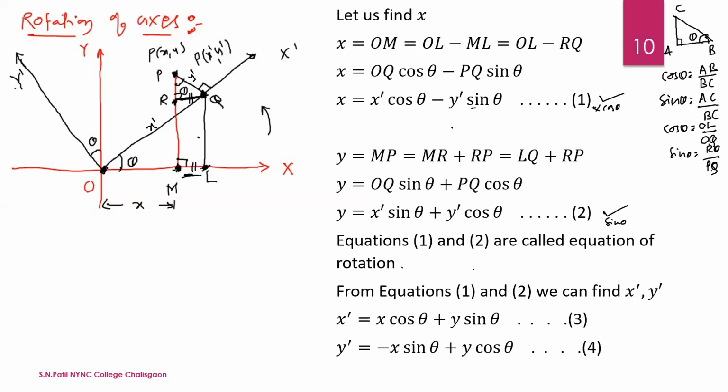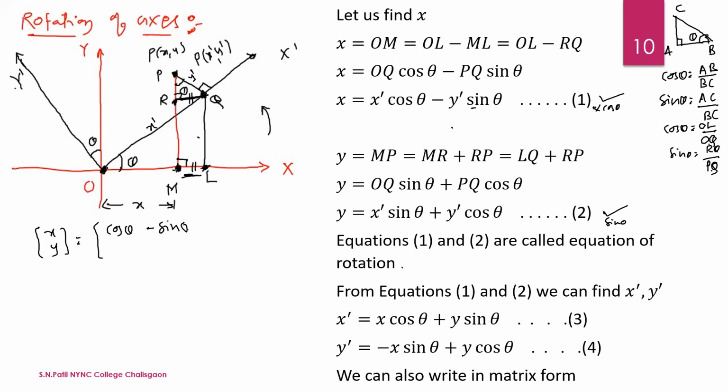Now here equations 1 and 2 we can also write in matrix form. How can we write equations 1 and 2? See, this x y is a vector, x y is equal to, now this is the linear equation, the coefficients of x dash y dash. These are the first row, cos theta minus sine theta.